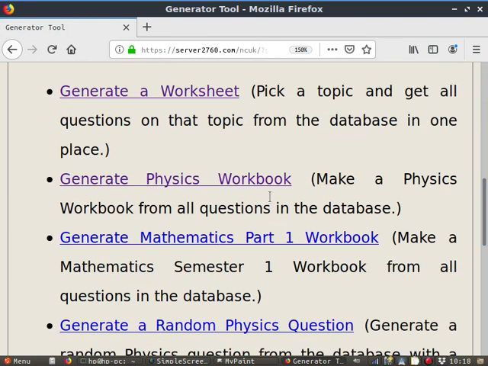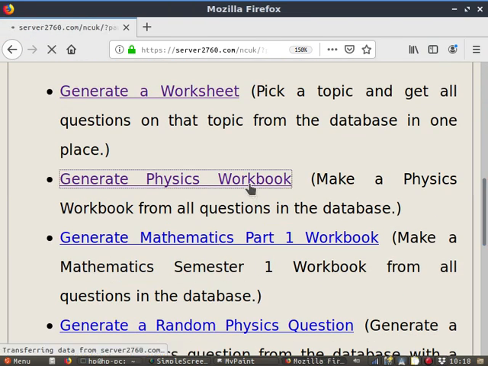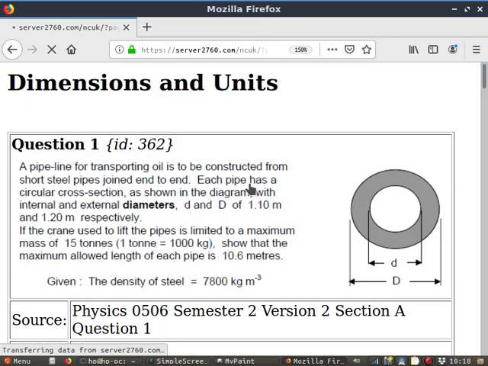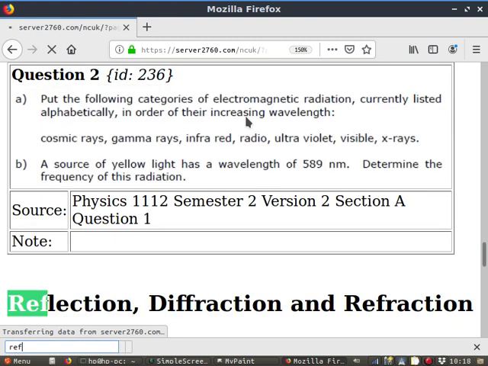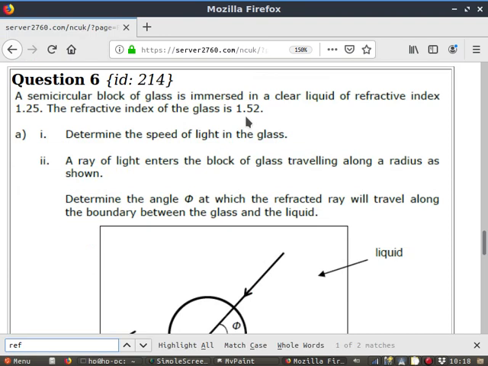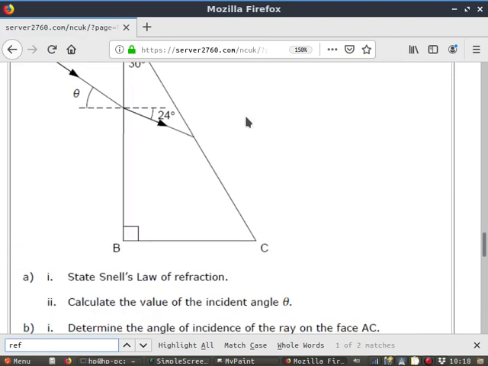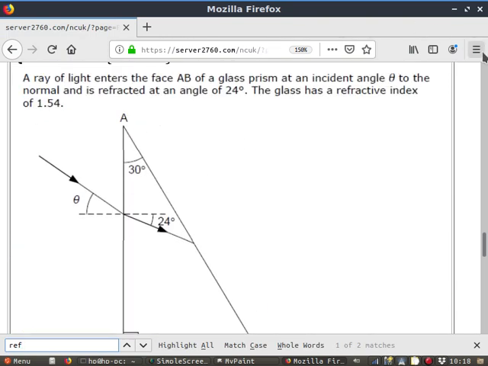Right, physics workbook, reflection. Question 9. We're at 9. I have to have a look at this.